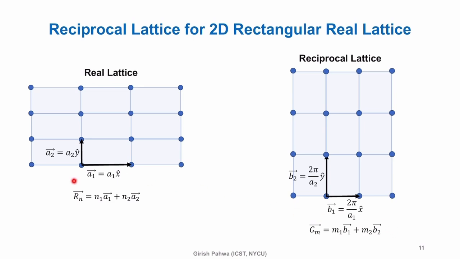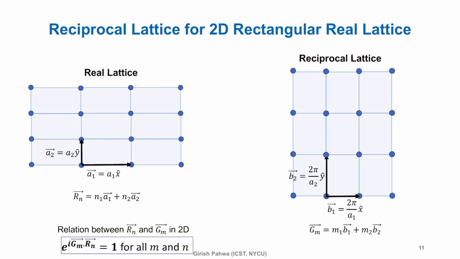Okay, how do I relate this R_n and G_m? In the 1D, this R_n was basically some n times a, right? And we saw that G_m times a is equal to 2 pi times an integer, right? A similar relationship we can also have here. So in general, you can write e to the power i G_m dot R_n is equal to 1.